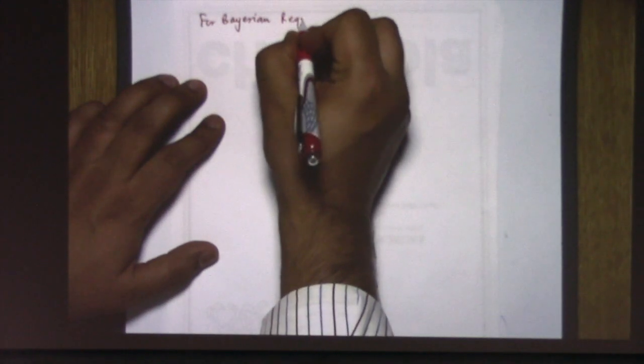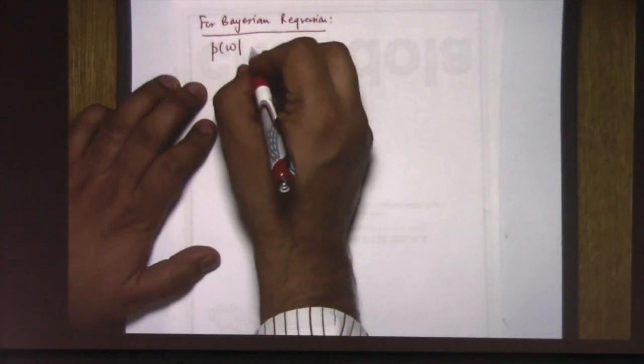So for Bayesian regression, the posterior of W given your training data D, or Y comma X, is a multivariate Gaussian distribution.